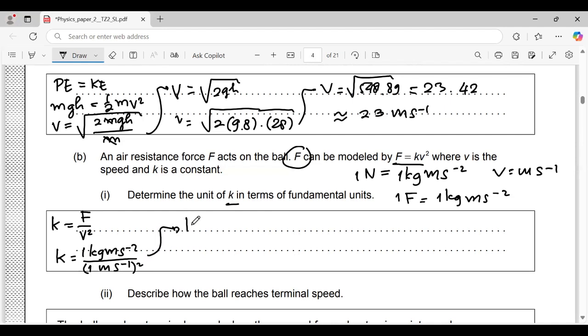It's going to be k equals kilogram meter per second squared over meter squared second to the power minus 2. Divided, it equals 1, and it is kilogram over meter, or kilogram meter to the power minus 1. So k equals kg meter to the power minus 1.